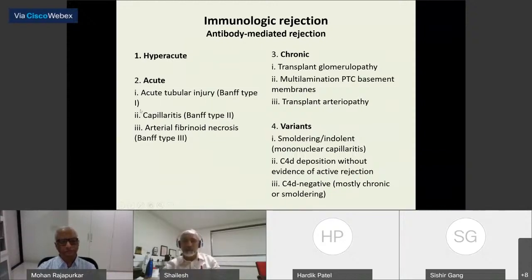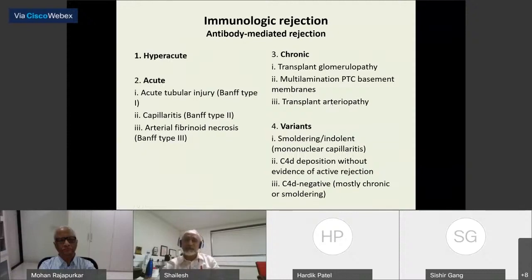There are three categories: acute tubular injury, capillaritis, and arterial fibrinoid necrosis. Then in the long term, after 6 months, we can see chronic antibody-mediated rejection, where we see transplant glomerulopathy, PTC basement membrane multilamination, and transplant arteriopathy.